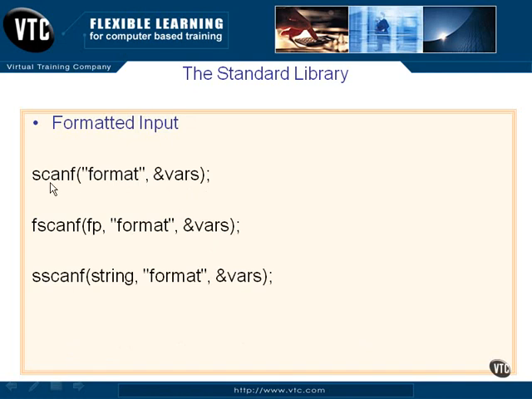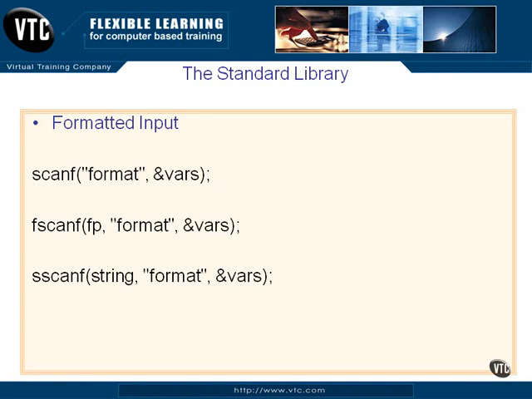Formatted input: we saw scanf, and scanf takes a format string, %s, %d, and so on, whatever it's going to be reading in from standard in, and it assigns the values it reads into these variables. Now, I put an ampersand here because these all have to be pointers. We have to provide addresses of the variables, not just the variables themselves, because those would be the current values, and we don't care what the values currently are.